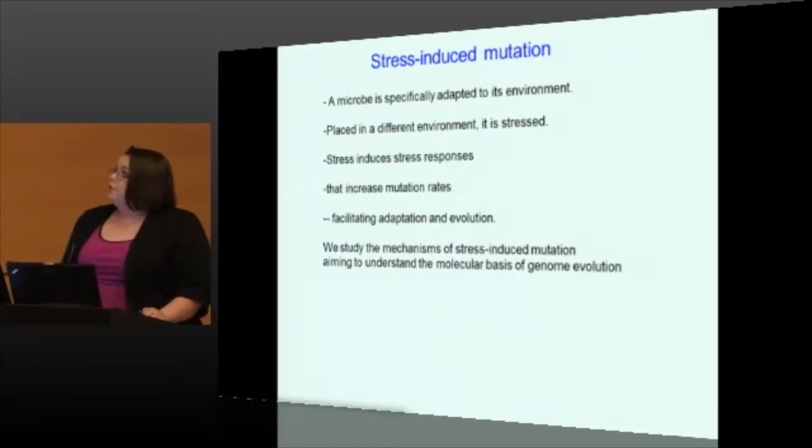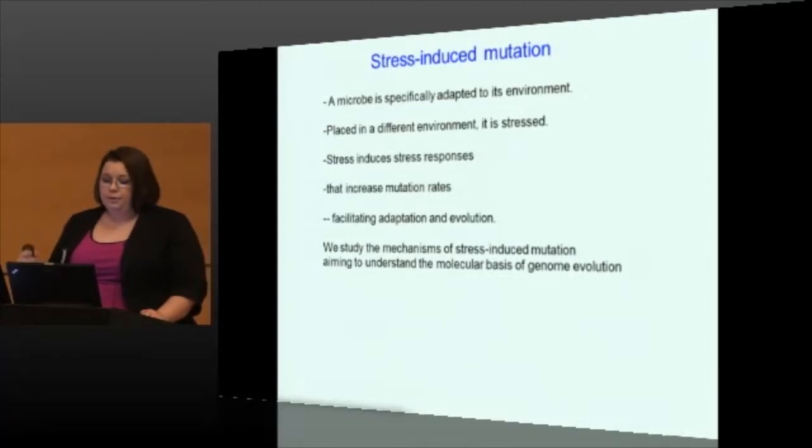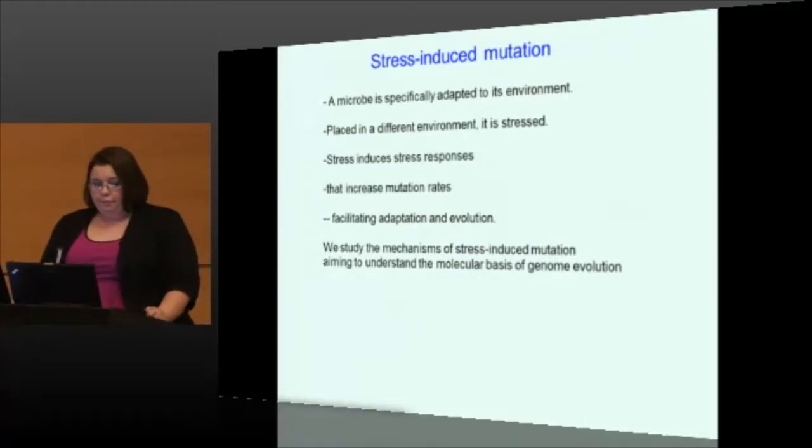Well, when you induce these stress responses in microbes, you find that you transiently increase mutation rates by orders of magnitude until such a time that a mutation is made that allows that organism to adapt to that stressor. Mutation rates then fall back to normal, leaving you with an adapted, evolved life form.